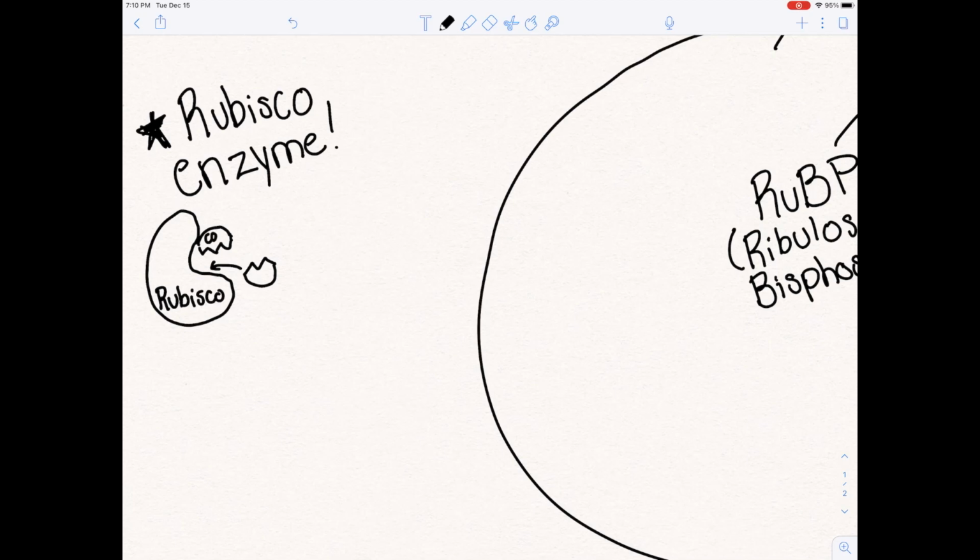Here is our carbon dioxide, and here is our RUBP. When there's enough motion on this enzyme, and if both carbon dioxide and RUBP are in the active site, having enough motion will close up this enzyme, and so you get one product. That is our 6-carbon sugar.